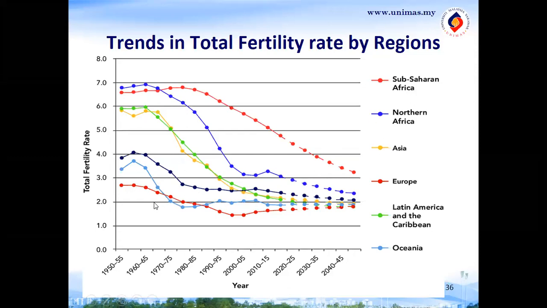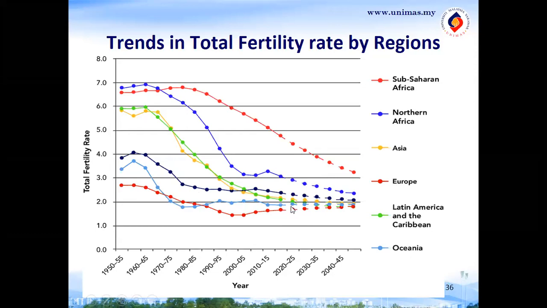And then over here, the darker red down here is for Europe. This is where you see from 1950 to 2020 here. But the rest here are just projections, by the way. And this is where you should look at the current one over here.